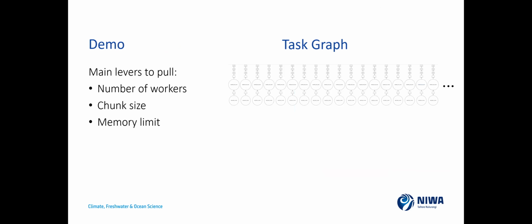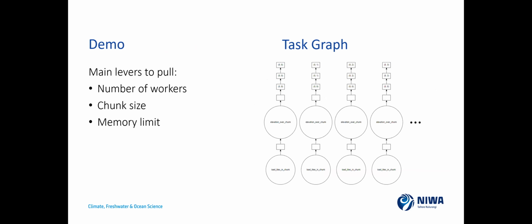And here I'm just showing a task graph, which DASK allows you to easily generate. If we look in detail, we're loading in these LiDAR files, and then we're calculating the elevation over that chunk.